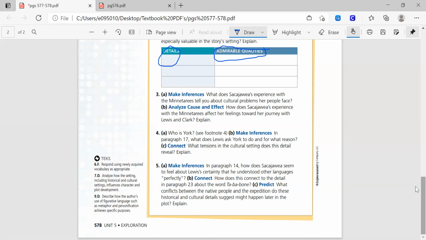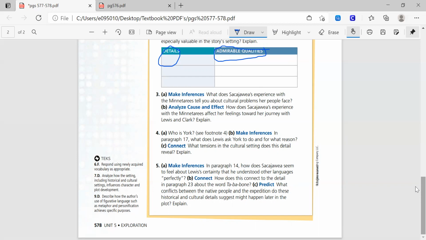So go back, look at paragraph 17, read it, see what you find out. 4C, connect. What tensions in the cultural setting does this detail reveal? So you need the detail from B to answer C and then explain.